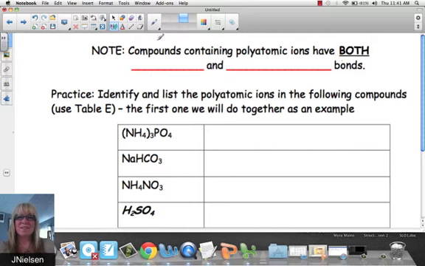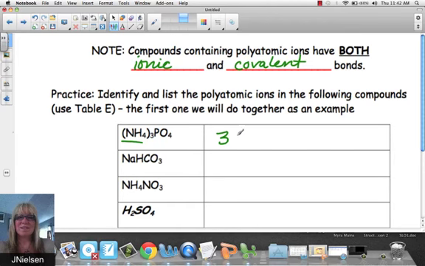Compounds containing polyatomic ions, as we've already said, have both ionic and covalent bonds. So I want you to list the polyatomic ions in the following compounds. The first one we will do together as an example. So here I have NH4, which is ammonium, and I have 3 of them.